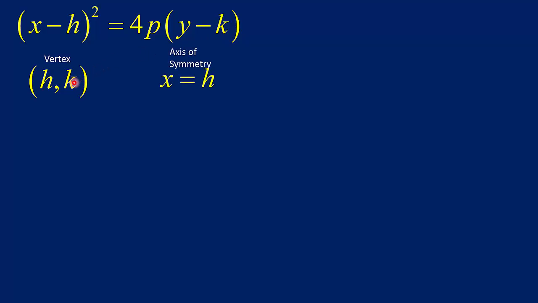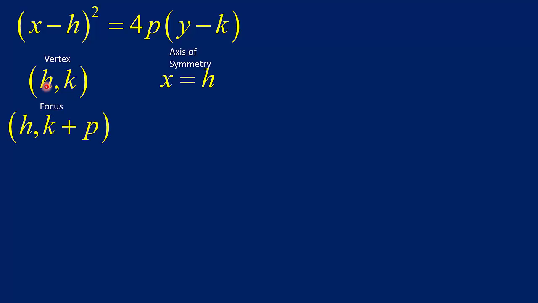Now, as far as the axis of symmetry, it's just going to be x equals h, like usual. Normally, if it were 0, 0, it would be x equals 0, but it's still h, the x-coordinate. And this is for a parabola opening up, like we're looking at here.